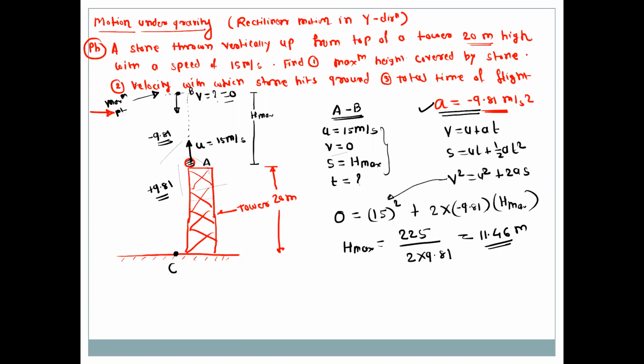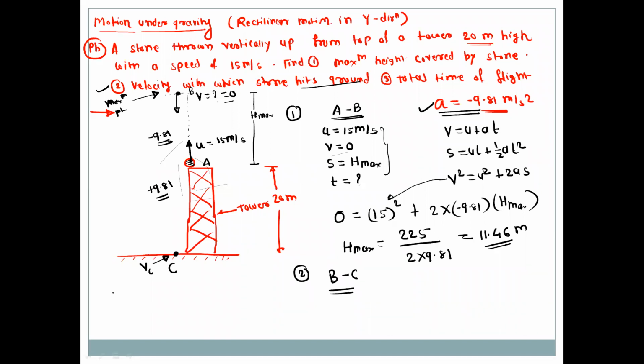So refer the second question. Velocity with which stone hits the ground. So we have to find out this velocity, that is the velocity at point C. So at point C, consider the velocity as Vc. Okay, now consider the motion B to C. So for B to C motion, note down the available information.